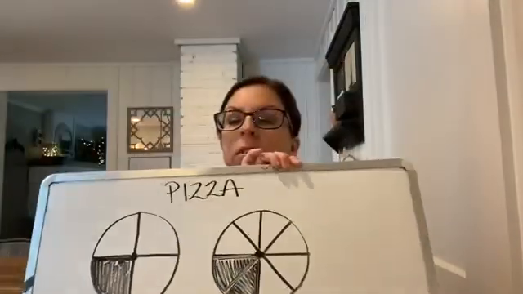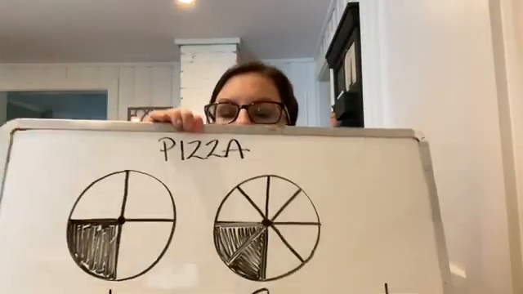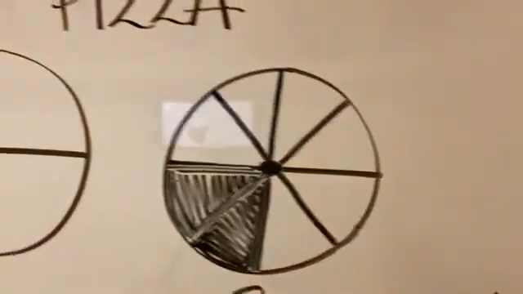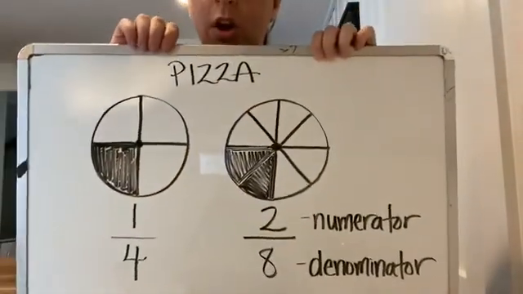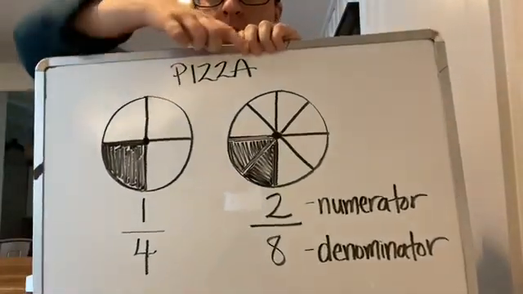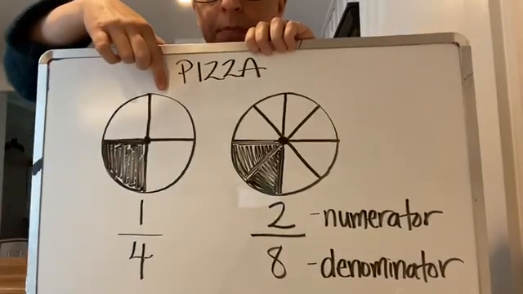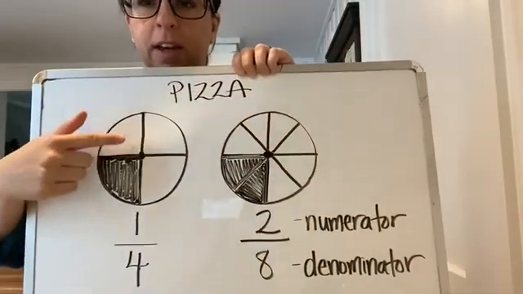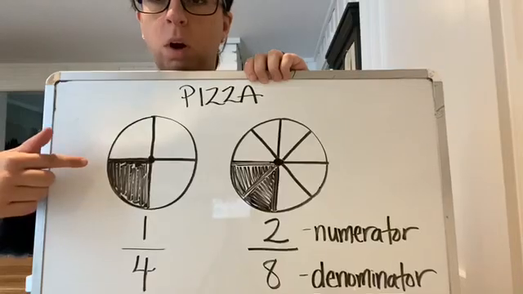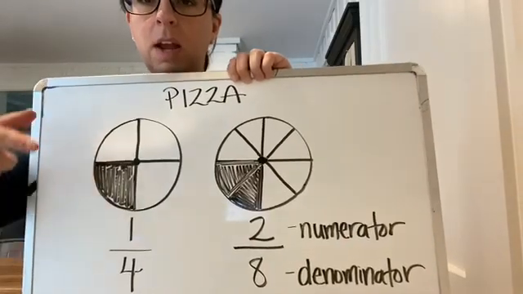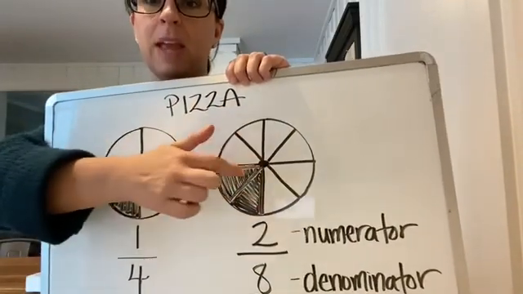So let's look at this. I have 2 pizzas here. Okay, let's pretend that these are 2 large pizzas, okay? This pizza is divided into 4 pieces. This pizza is divided into 8 pieces.